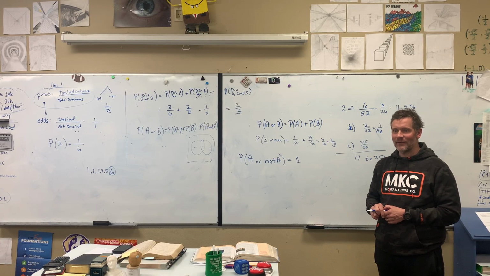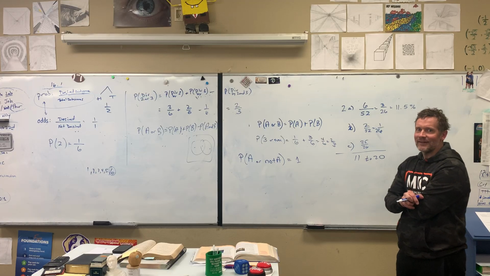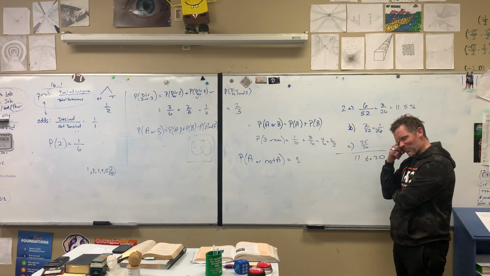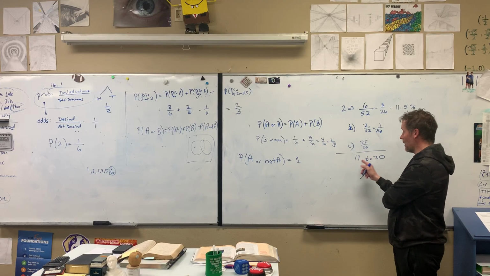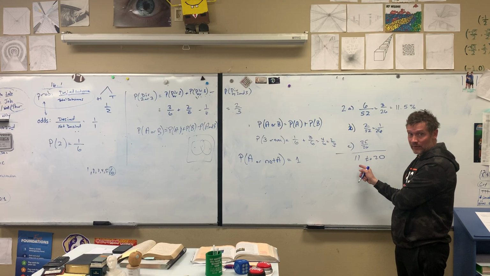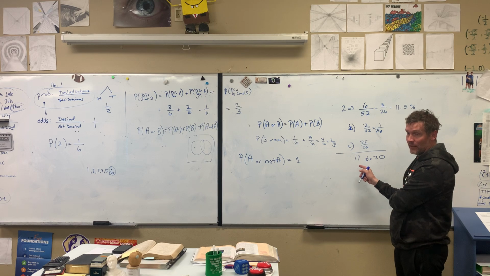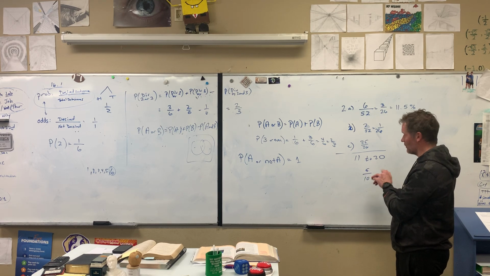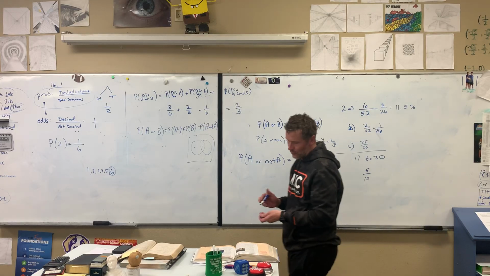So you would go 20 minus 11 is 9, plus 1 because it's inclusive, so there's 10 numbers, and 5 of them are even, so you get 1/2. Okay.